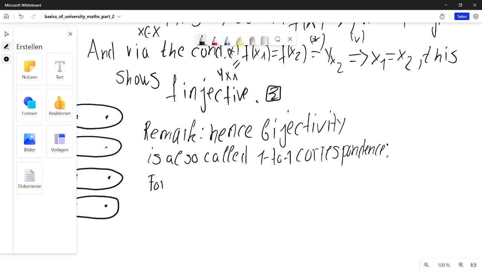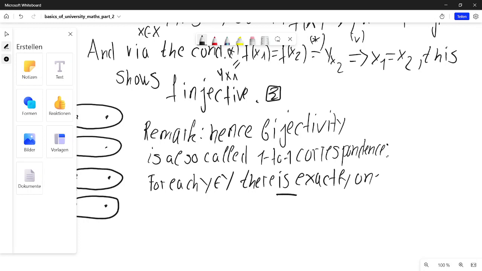For each y in Y, there exists, and there is exactly one, x mapped to it.